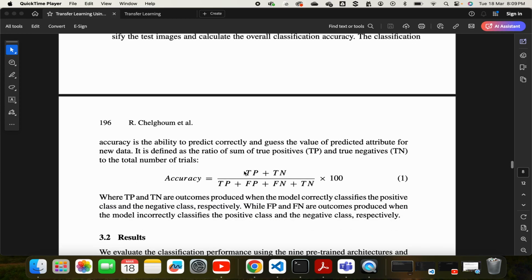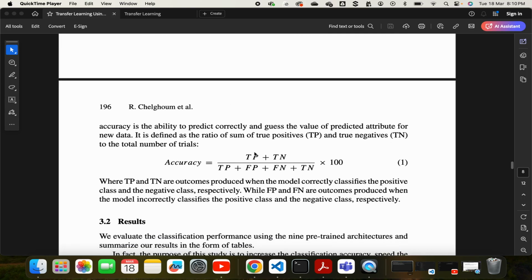This is the formula we use for the accuracy metric: true positive plus true negative, divided by true positive plus false positive plus false negative plus true negative, times 100, where true positive and true negative are outcomes produced when the model correctly classifies the positive class and negative class respectively, and false positive and false negative are outcomes produced when the model incorrectly classifies the positive class and negative class respectively.